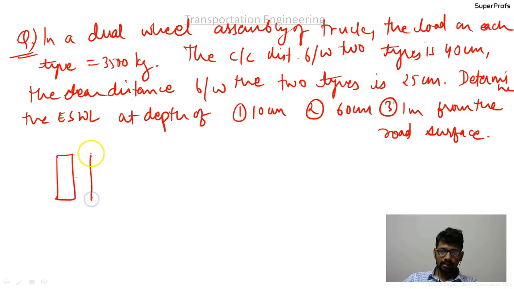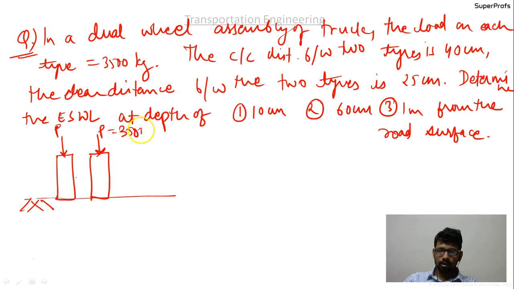There is a dual wheel assembly, two wheels on each of the sides. This is the surface. So the given data says that load is P, here and here it is P, which is equal to 3500 kg on each of the wheels. There will be an axle of this kind, here also there will be two wheels.